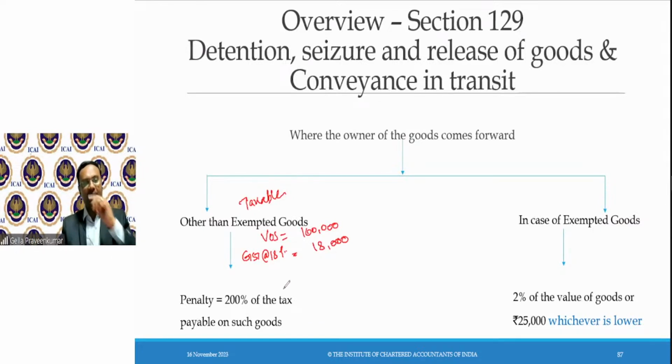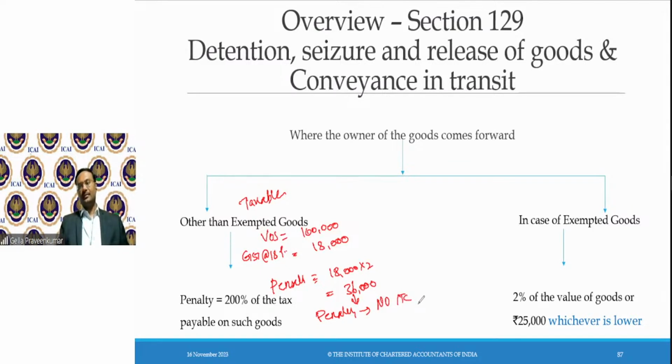In this case, my penalty is equivalent to 18,000 into 2. That gives me 36,000. 36,000 I pay as penalty. Please keep in mind, any amount paid as penalty is not eligible for input tax credit. No ITC. Now, this is the most draconian GST provision.